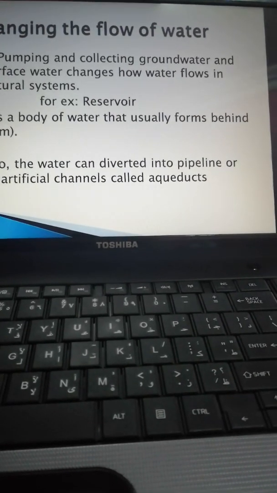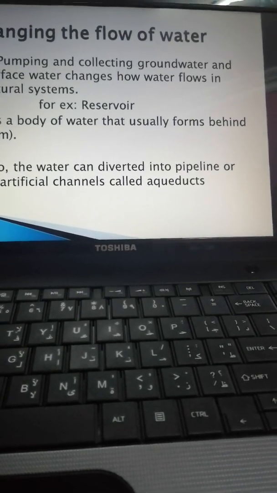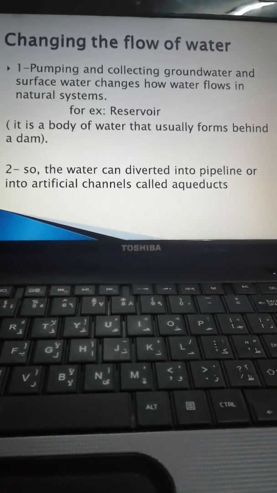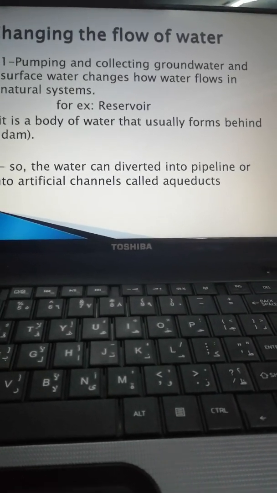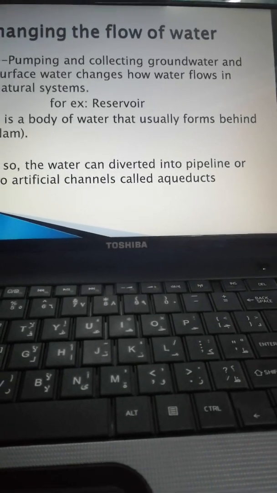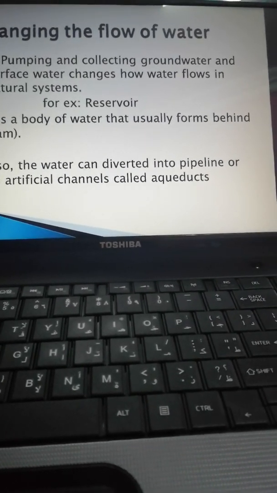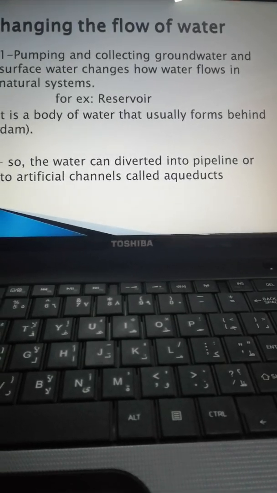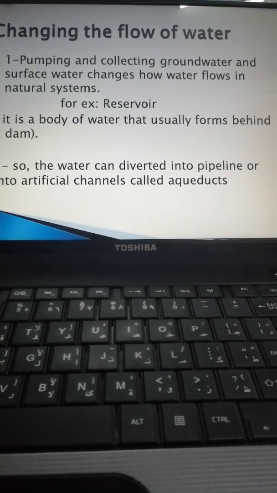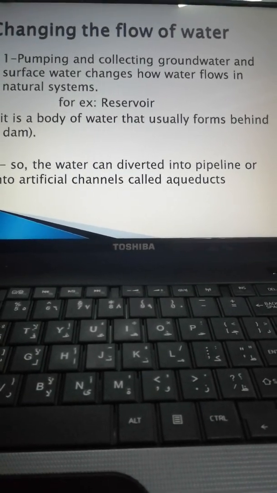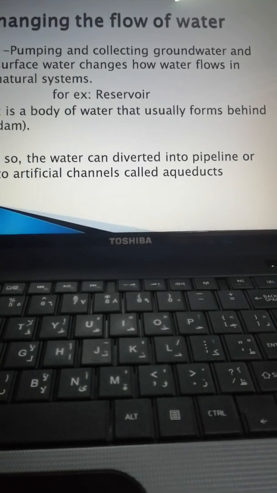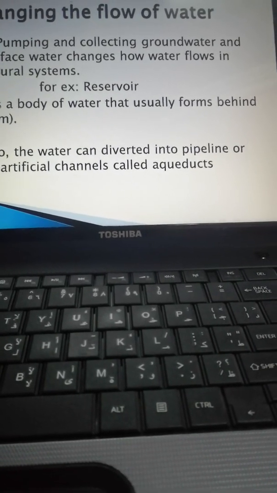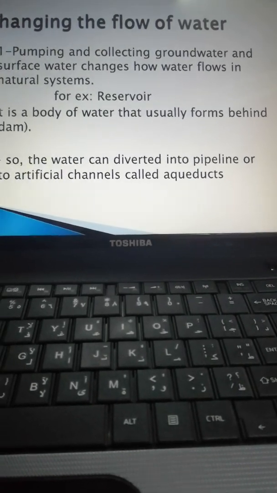A body of water found behind a dam. So the water can be diverted into a pipeline or into artificial channels called aqueducts. So there are two ways of changing the flow of water: reservoir or aqueducts. A reservoir is a body of water that usually forms behind a dam, but an aqueduct is where the water is diverted into a pipeline or artificial channels, like this picture.